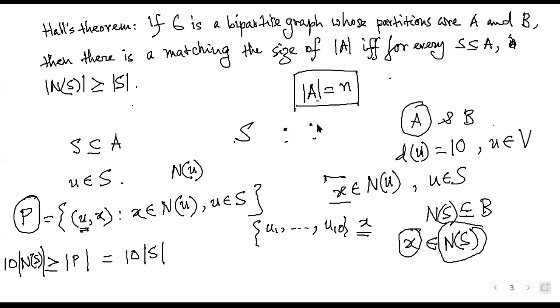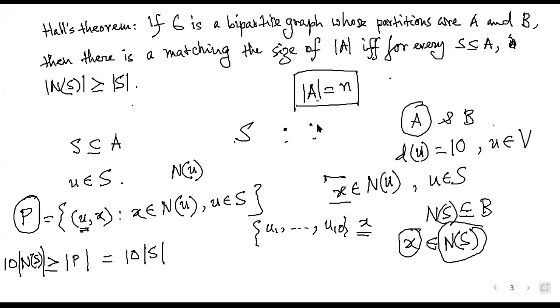Do we know that the cardinality of A is equal to N? In bipartite graphs, when you say the cardinality of a bipartite graph is 2n, it's usually implied that it's split into A and B, each of whose cardinality is n. It is a convention.